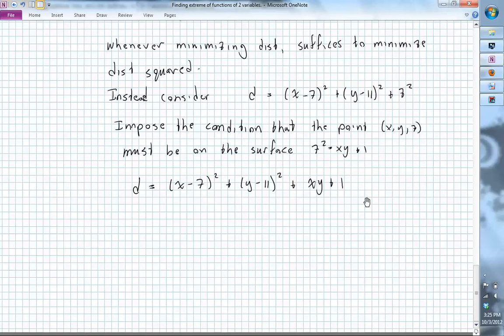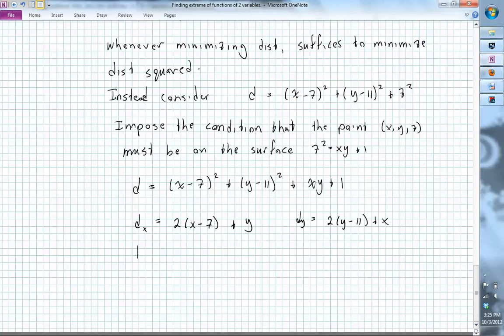Let's go through this. What we should be able to do now is differentiate this, find the first derivatives. We'll do the second derivatives too, but let's do the first derivatives first. D sub x is 2 times x minus 7 plus y. D sub y is 2 times y minus 11 plus x.